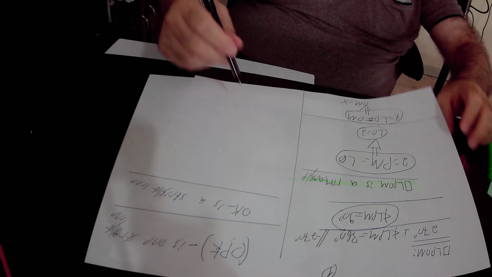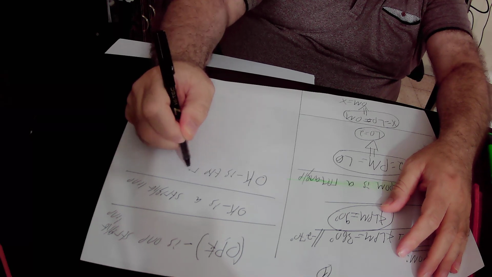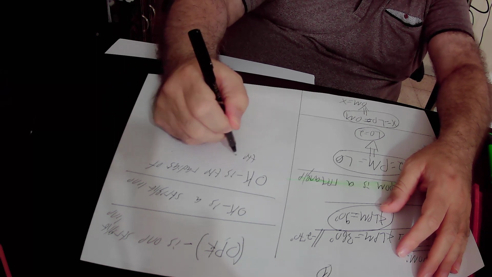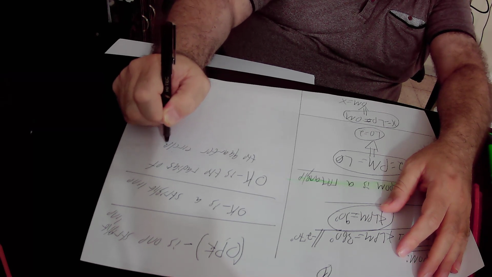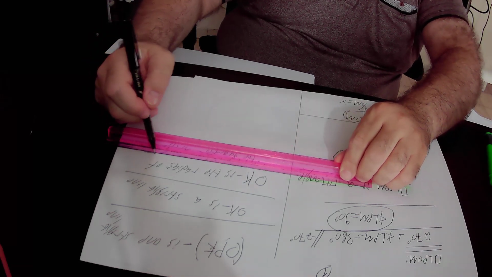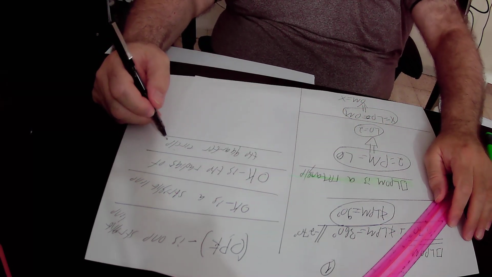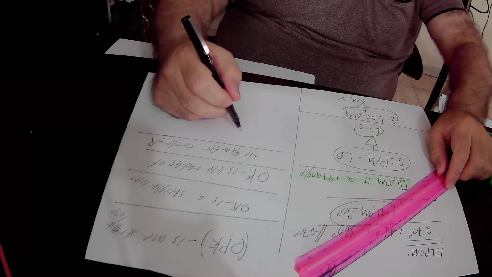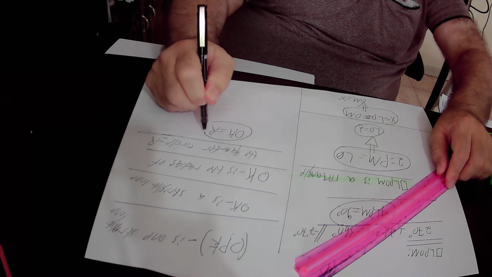We define the radius of the quarter circle as capital R. So OK, the radius of the quarter circle, equals capital R according to our definition.